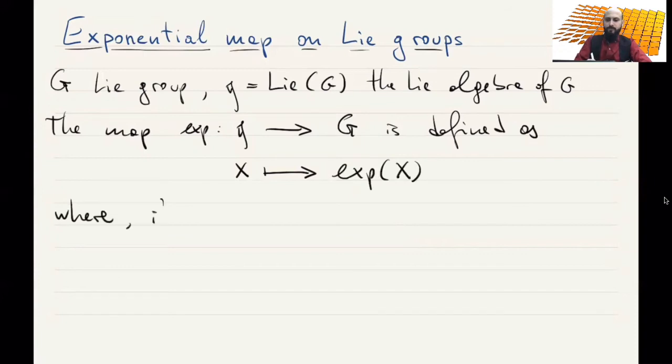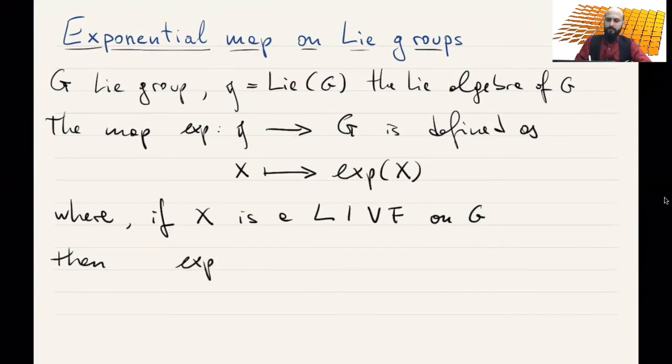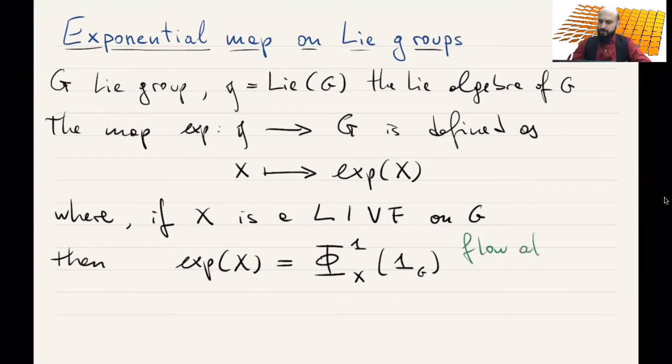If we see x as a left invariant vector field on G, then the exponential of x is defined as the flow at time 1 for the vector field x starting at the identity of the group, the point 1 of G.